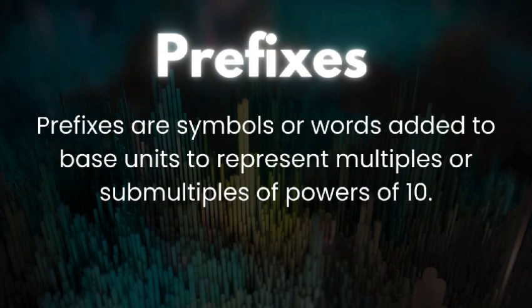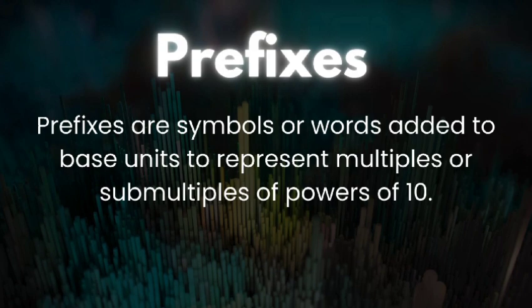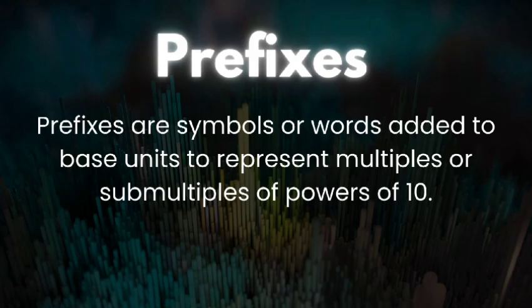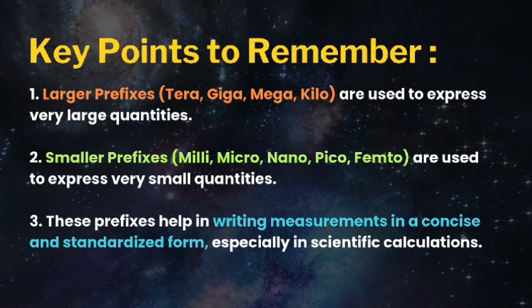Basically, prefixes simplify the representation of very large or very small values in the SI system, meaning International System of Units. Some of the key points to remember are: larger prefixes are used to express very large quantities in physics, like tera, giga, mega or kilo, whereas smaller prefixes like milli, micro, nano, pico and femto are used to express very small quantities.